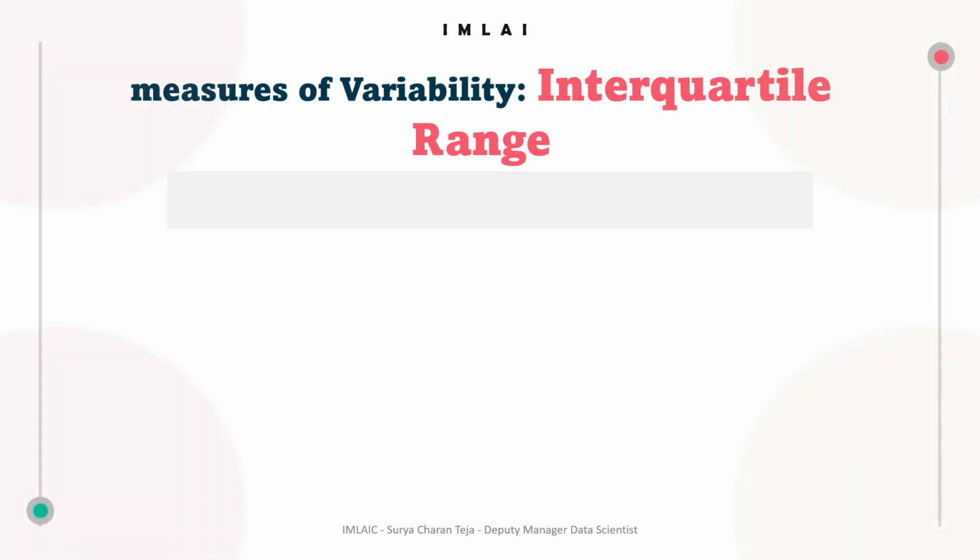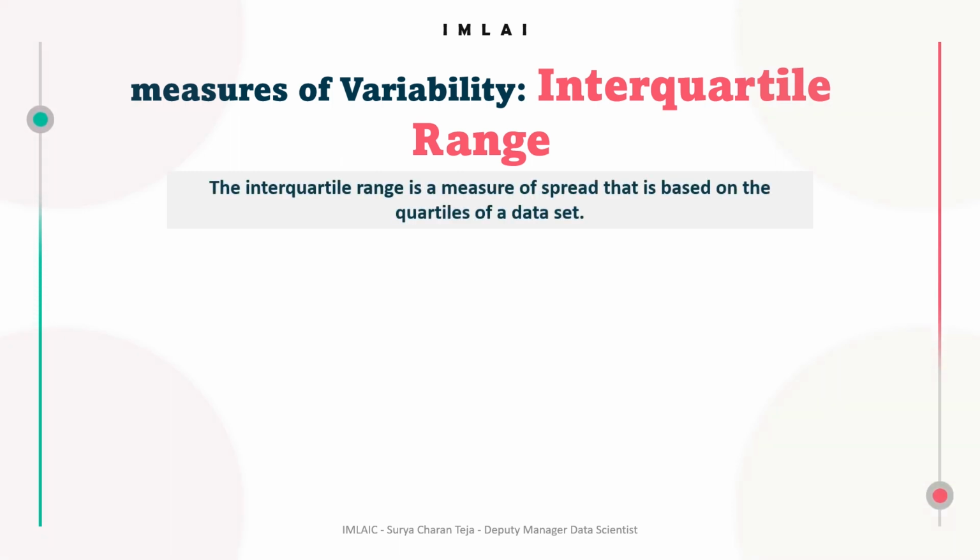The interquartile range is a measure of spread that is based on the quartiles of a dataset. It's calculated as the difference between the third quartile, Q3, and the first quartile, Q1, which represent the 75th percentile and 25th percentile of the dataset respectively.